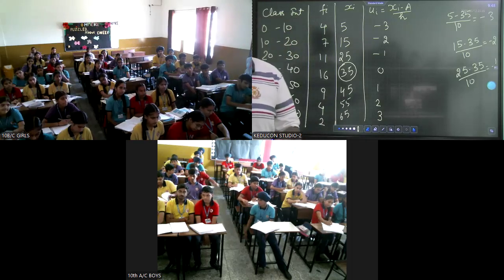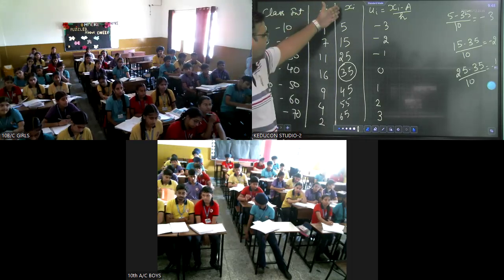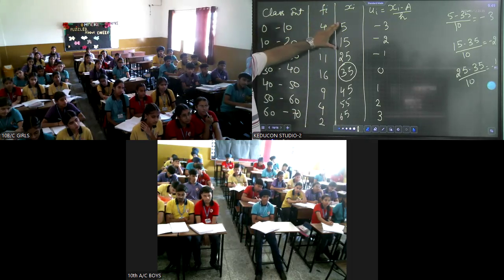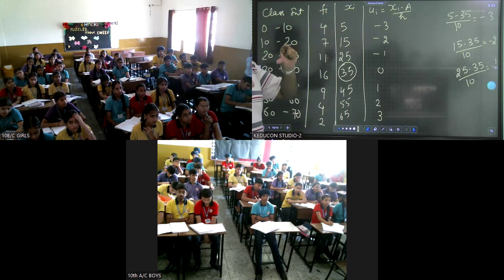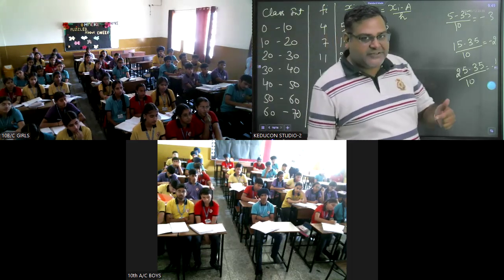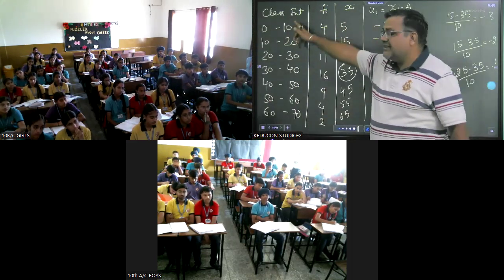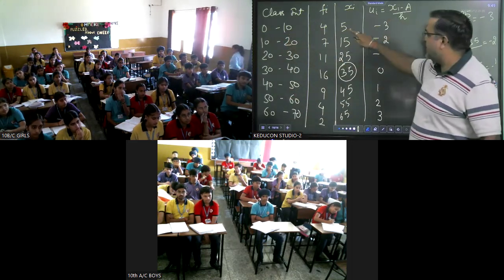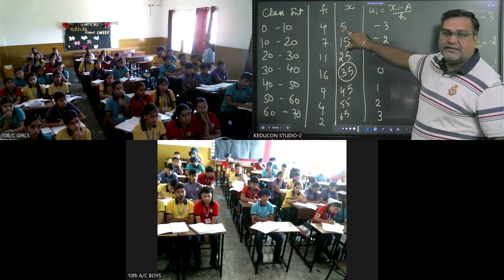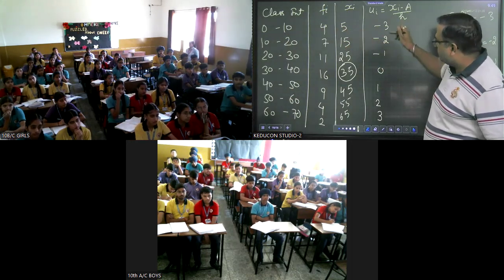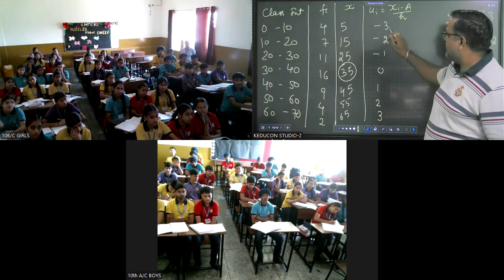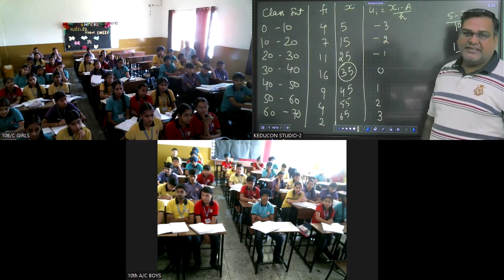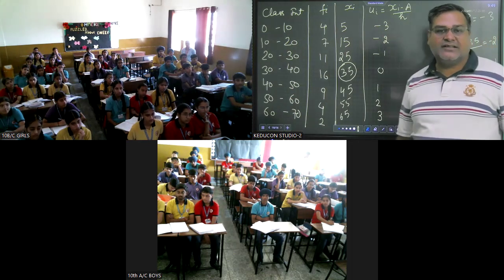Always remember one thing: whatever the class marks are, the gap between two consecutive class marks is the same as the difference between the class intervals. Here the difference is 10, here also 10, and here also the same. Minus 3, minus 2, minus 1, 0, 1, 2, 3. Is this step clear, students?